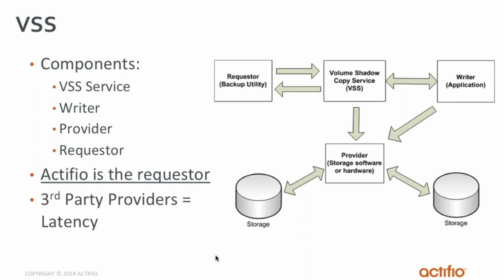A third-party provider most often introduces high latency. People try to integrate things like change block tracking into the provider, and we have not. By putting it into the provider, you've introduced latency into the snapshot.